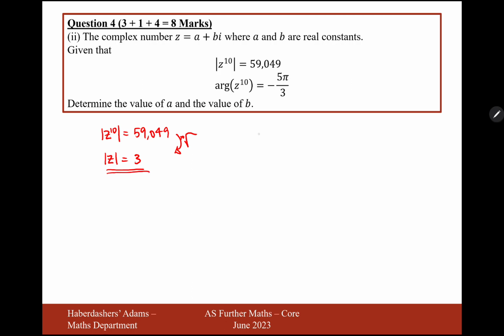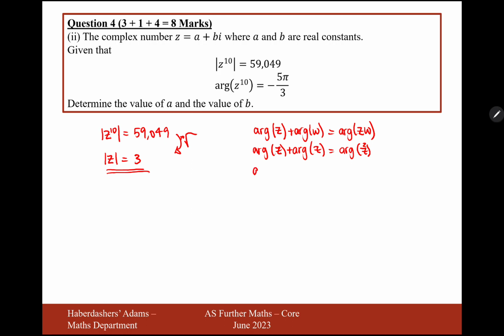Now with the argument, it's slightly different, because it's adding the arguments together that makes the power. So let me just remind you that arg z plus arg w is arg zw. If I've done that with 2 z's, then I get arg z squared.